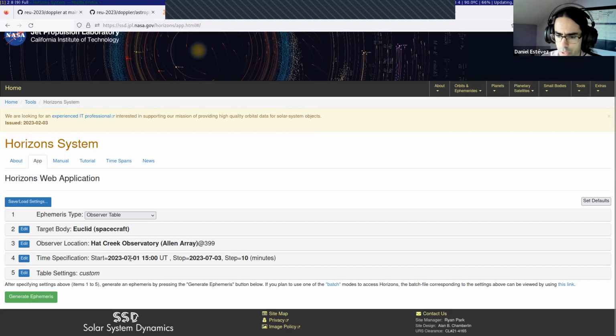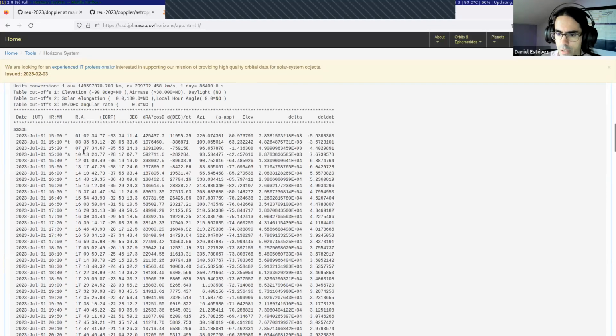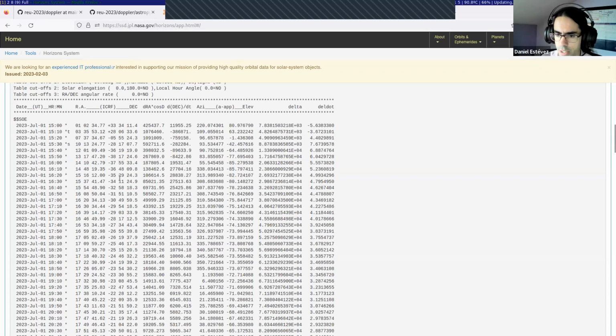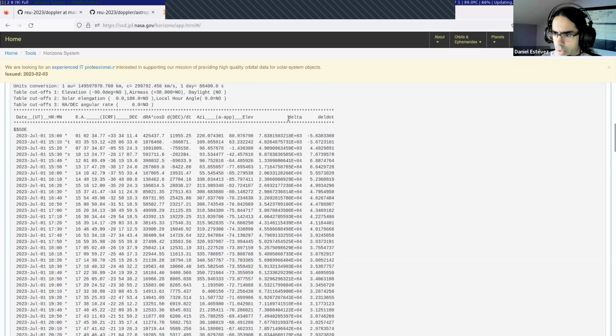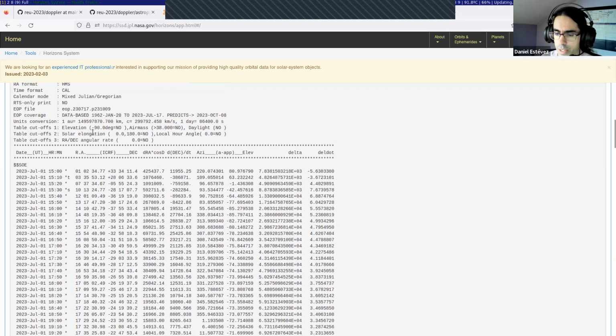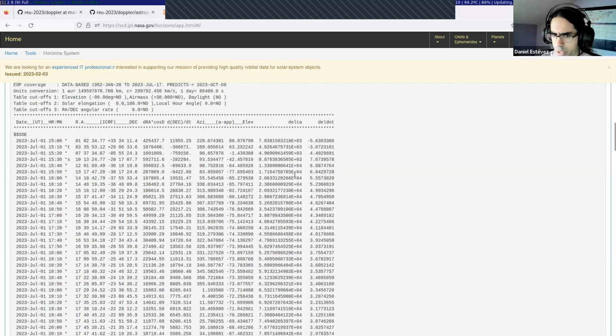So this is for the beginning of July, and you click Generate Ephemeris, and you get your right ascension and declination. And more importantly, for what we're doing today, you get this delta, which is the relative velocity between the object, in this case a spacecraft, and the radio observatory. And this is in meters per second, I think.